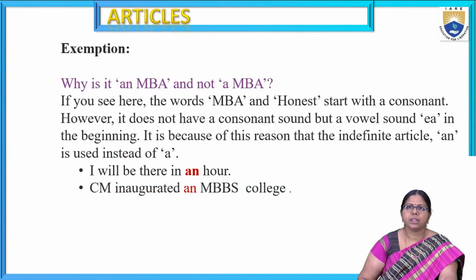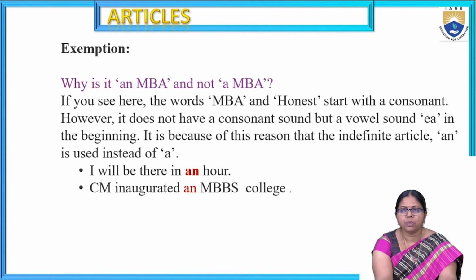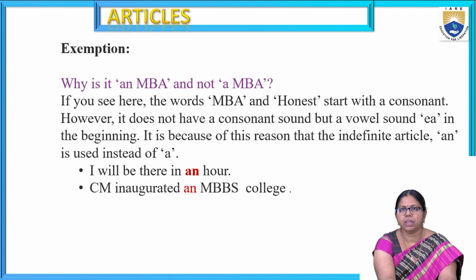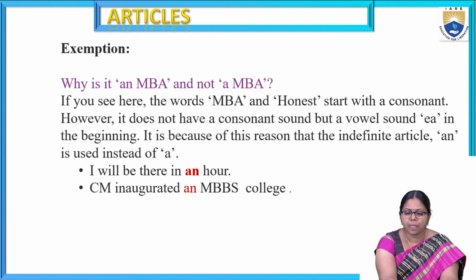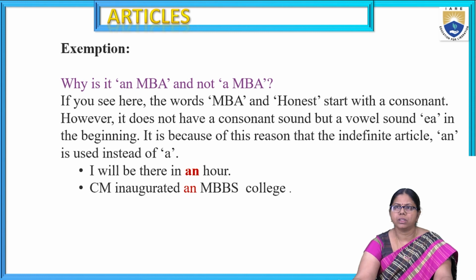So let us discuss the exceptional cases with the word "an". Why is it "an MBA", not "a MBA"? The word MBA starts with a consonant, M is a consonant. If you look at the explanation, the words MBA and honest start with a consonant.